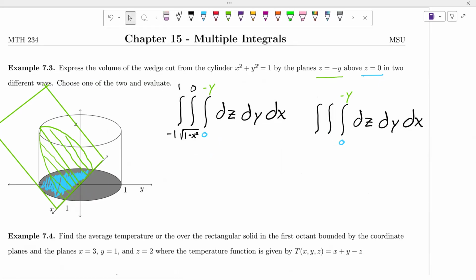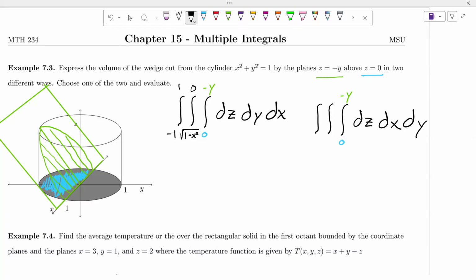But swapping out my bounds so that I do x first and y second. So I think that's probably going to be the best way to go about this thing. Yeah, I think trying to do a different variable first would get a little tricky. So I don't want to do it that way.